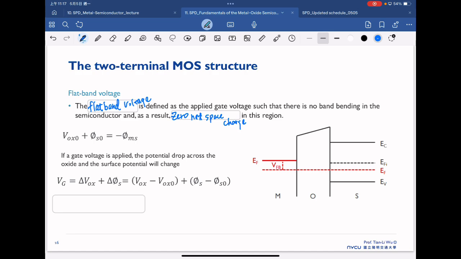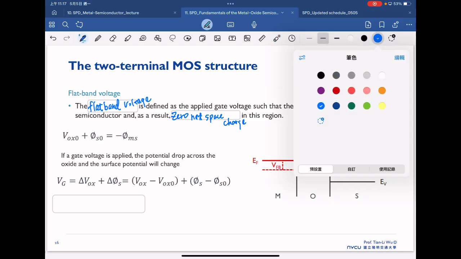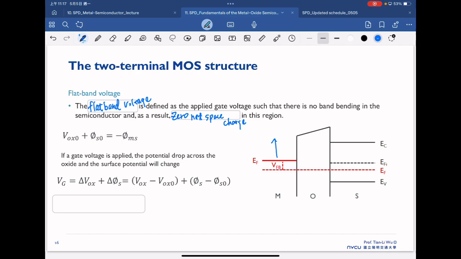So you can see this is a band diagram under the flat band voltage. With the bias, which we call the flat band voltage, we can see there's no band bending, and that means there is zero net space charge.